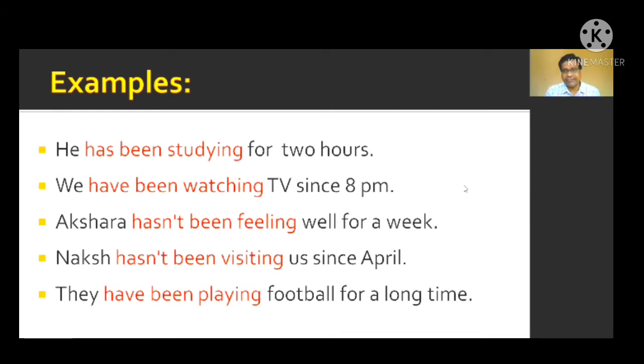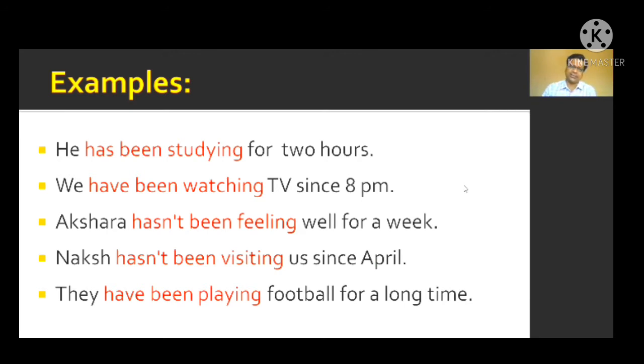Akshara hasn't been feeling well for a week. So for the last 1 week or so, or for the last few days or so, Akshara is not doing well. Maybe she has her own health issues. So Akshara is a third person singular number proper noun functioning as subject of the sentence.